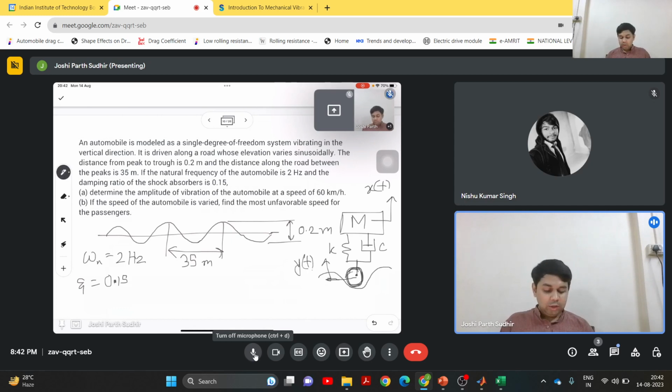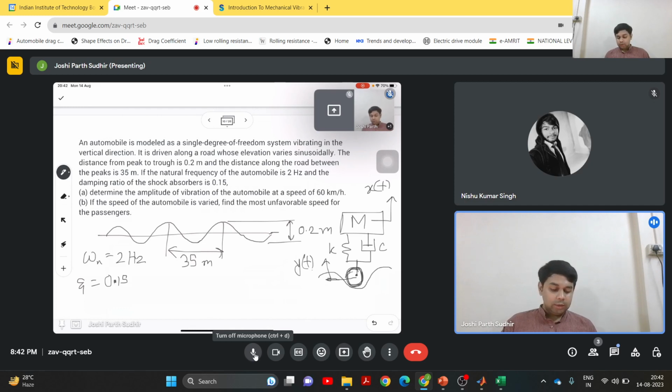So what is happening is that the motion, or basically the displacement of the wheel, is causing some spring force and damping force to be transferred to the car body, and that is causing some forced vibrations. And we have to find out the amplitude of vibration of the automobile at a speed of 60 kilometers per hour.